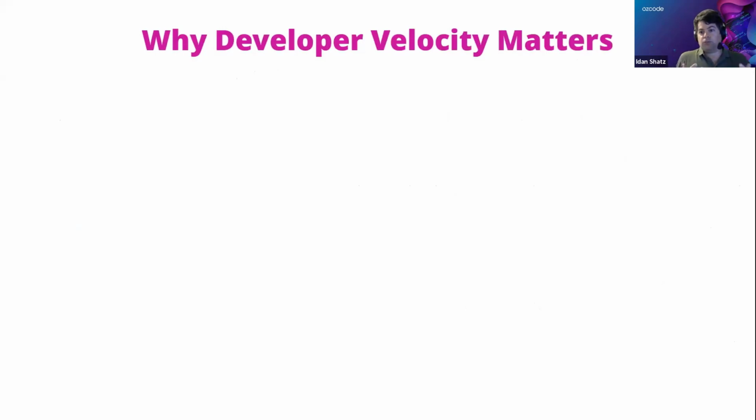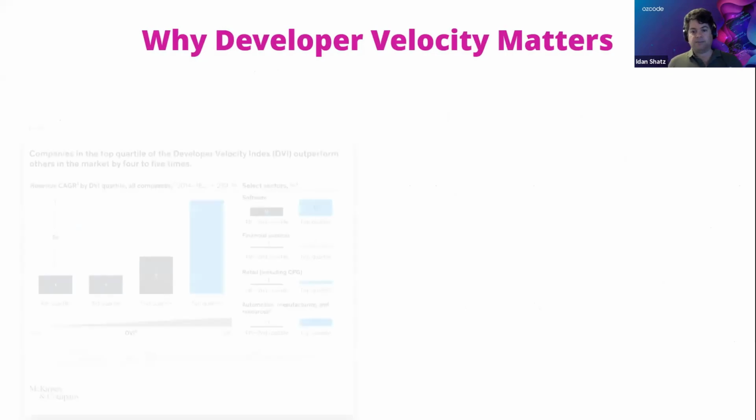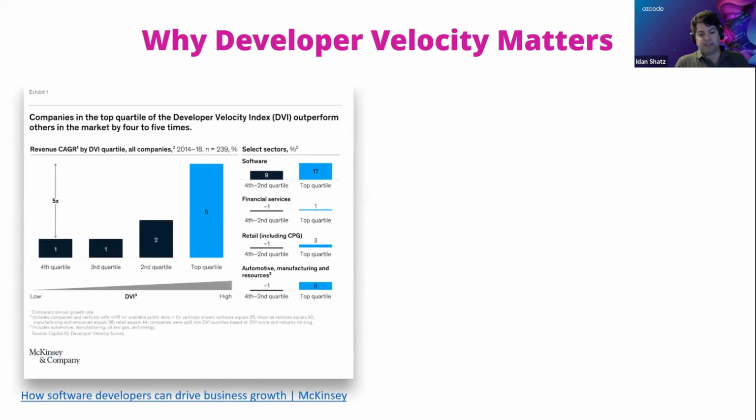And I just want to touch a little bit on that, because I really like the McKinsey report that actually tries to put numbers on why developer velocity matters. And they do it in a very interesting year. They do it when COVID hit. They asked tons of developers and companies to rank what really affects developer velocity.